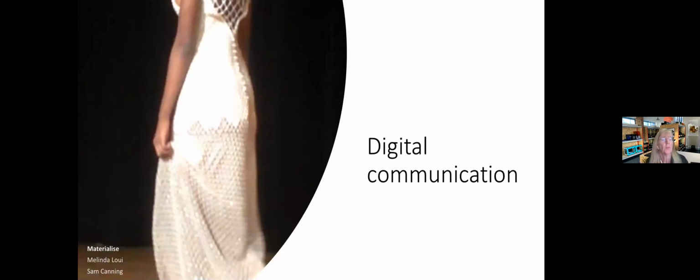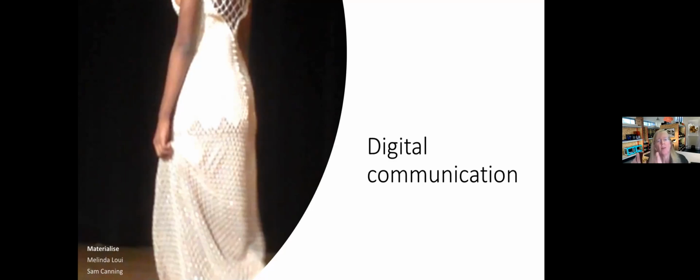Moving on with the customization is another example from Sam's PhD, working with Materialize, and the fashion designer Melinda Louie, creating a 3D printed dress, which is over 22,000 individual components printed as a single part. We have a feat of engineering in itself, and one that you're holding your breath on, as the 17-hour print happens, and is it going to crash at any minute?